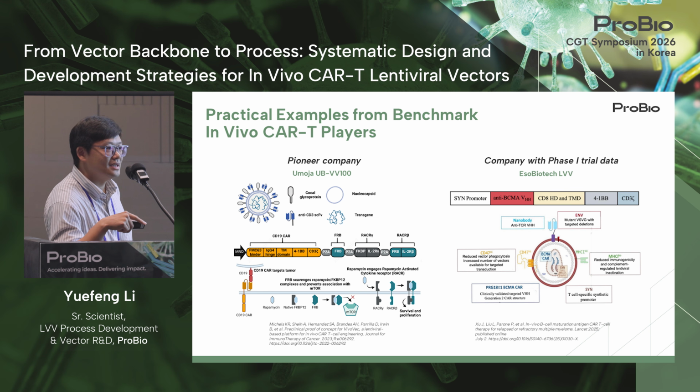This will increase the efficacy of LVVs when we actually use them. And they also removed the MHC1 complex from the 293 cells, so the LVV produced from these cells will not have MHC1 complex either. This will decrease the immunogenicity of the LVVs produced from these 293 cells.